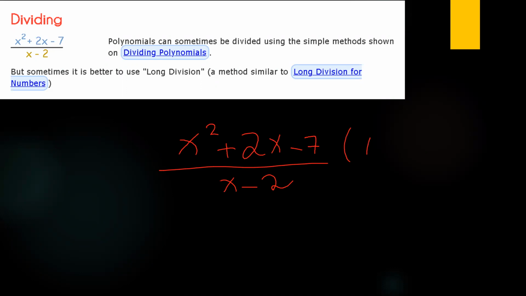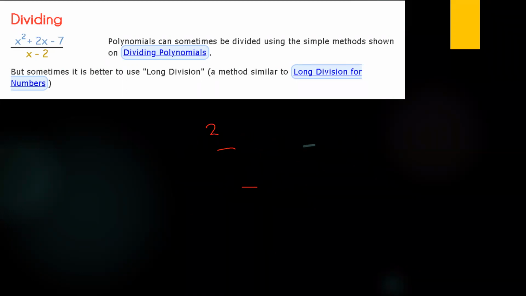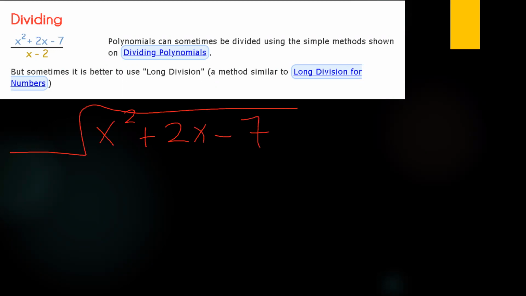So in this case, it's sometimes better to use the long division as a way to divide the rational expressions. Let's repeat here: x squared plus 2x minus 7 over x minus 2. This is the first step. Then the second step now.